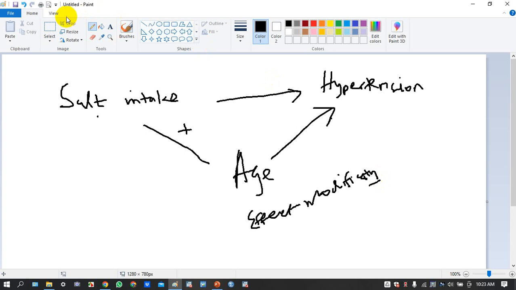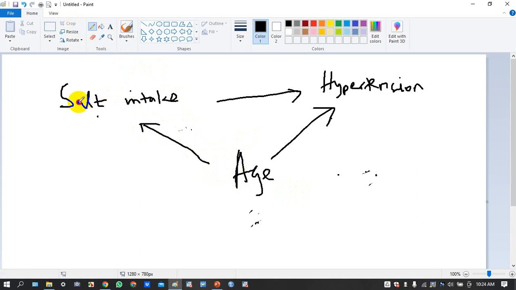Okay, so let's also look at confounding. Salt intake causes what? Hypertension. Salt intake leads to or causes hypertension. But the confounding variable over here is associated with what? The age. So age is the confounding variable.